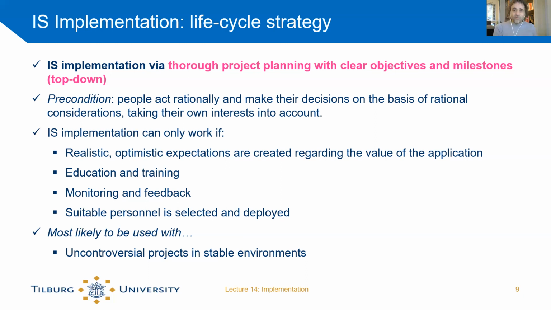You educate people, you train people in the use of the new technology, you monitor them, you give feedback in order to help them use a new technology. And of course, you need suitable personnel who can train your people in the organization. So basically, every tactic here is focused on simply explaining people what the technology or the innovation does and how they make best use of it. So this is the life cycle strategy. So a rational project planning and a rational expectation.